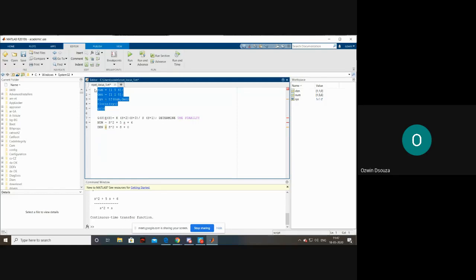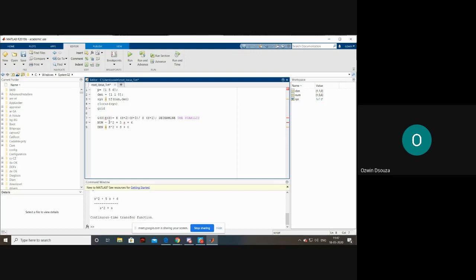I have taken the numerator as NUM. If you don't want NUM, you can take it as, say, some P. P refers to the numerator polynomial. You just have to substitute the coefficients. This is the syntax: within a square bracket, you place the coefficients, in descending powers of s.